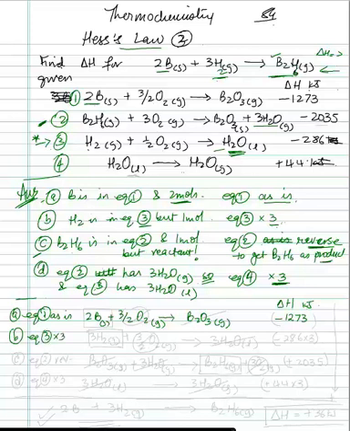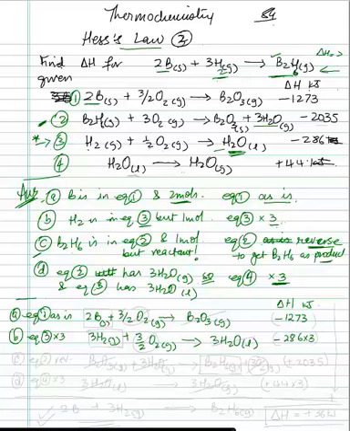So 3H2 gas plus 3/2 oxygen, so multiply that also by 3, gas to give us 3H2O liquid, and then we take minus 286 times 3, because that has to be also multiplied by 3.